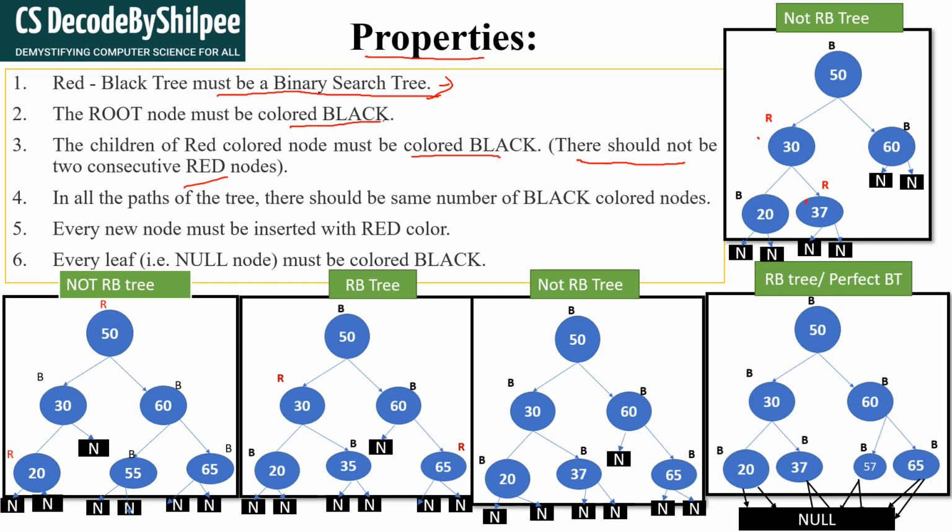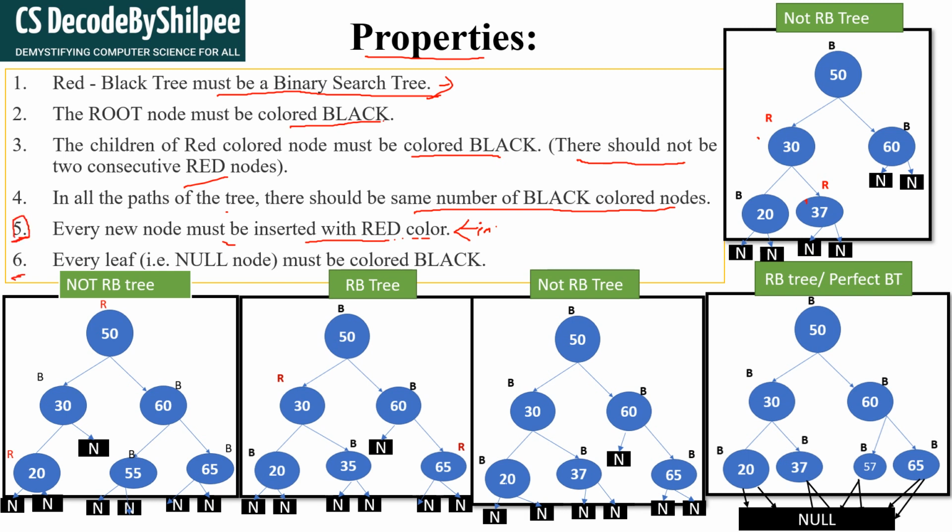So these are the 3 properties. The fourth property says that in all paths of the tree, there should be the same number of black nodes. The fifth property says that every new node must be inserted with a red color. This property is useful for the insertion part, when you insert an element. For now, you just keep it in mind.